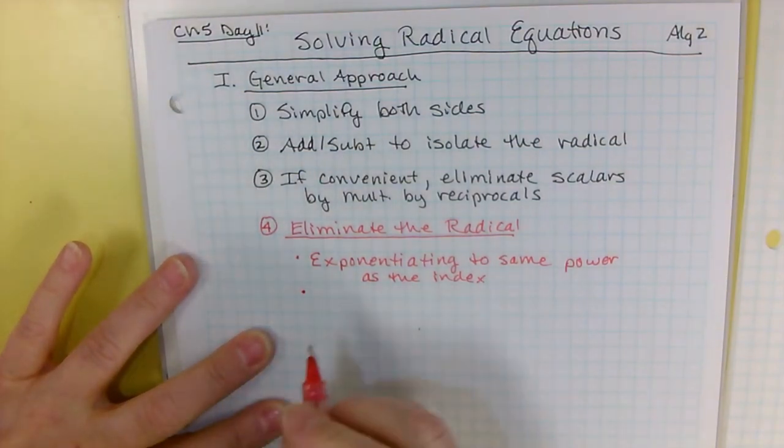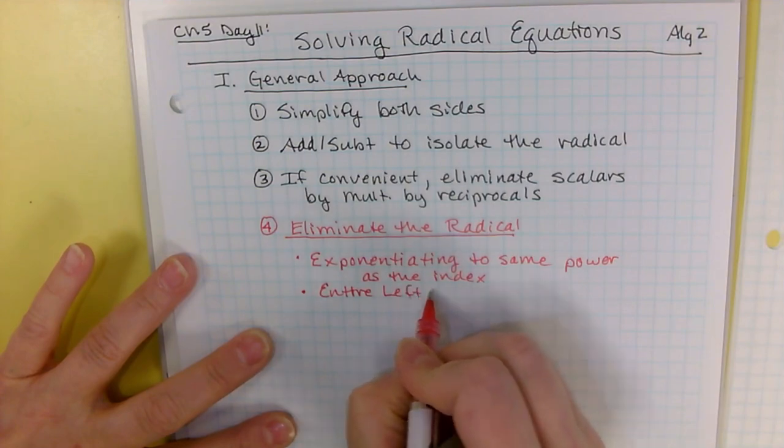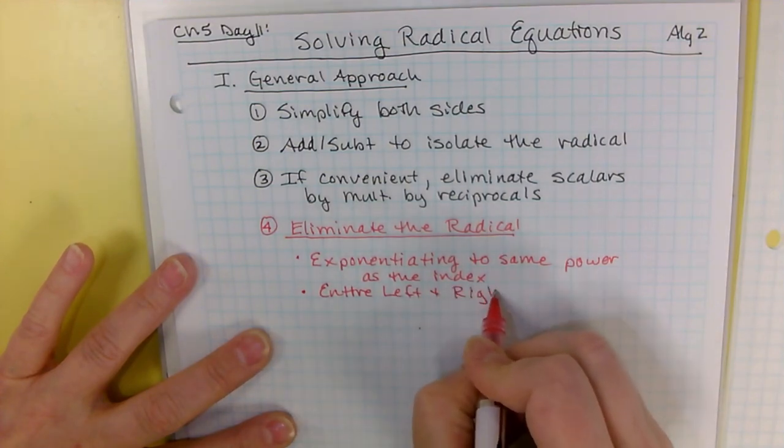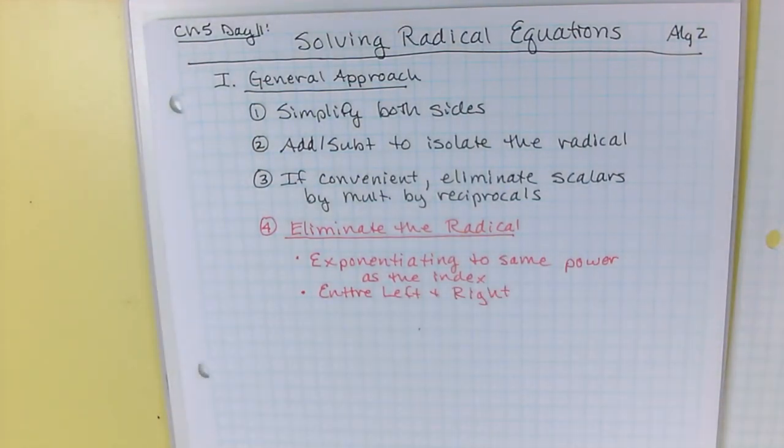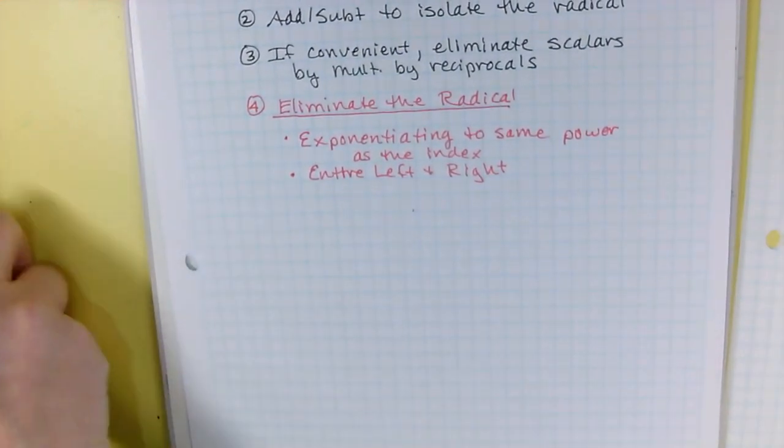And when you do this, you have to do the entire left and right of the equation. You can't just do the part you want to get out of the radical. You got to do the whole equation when you exponentiate.